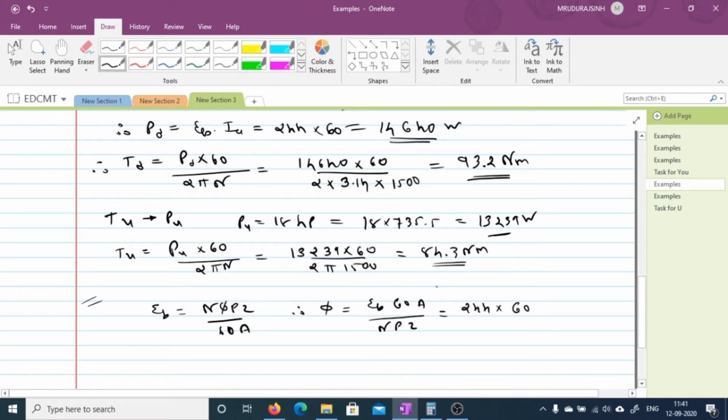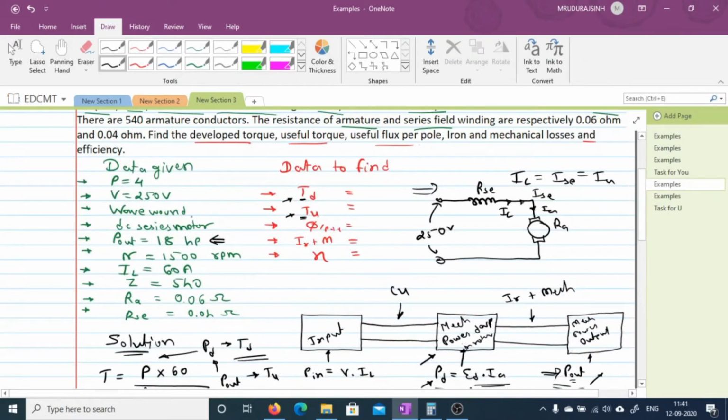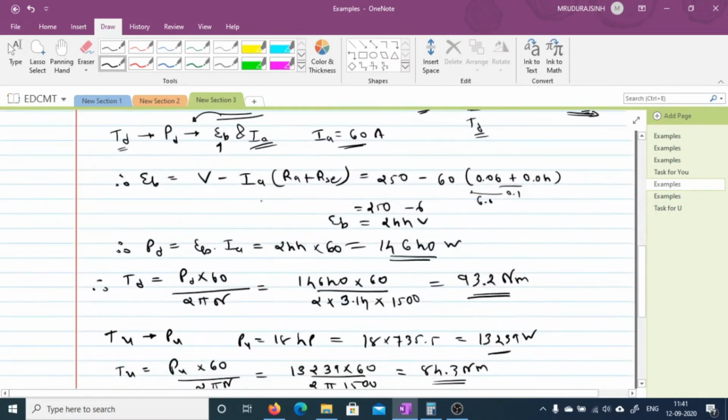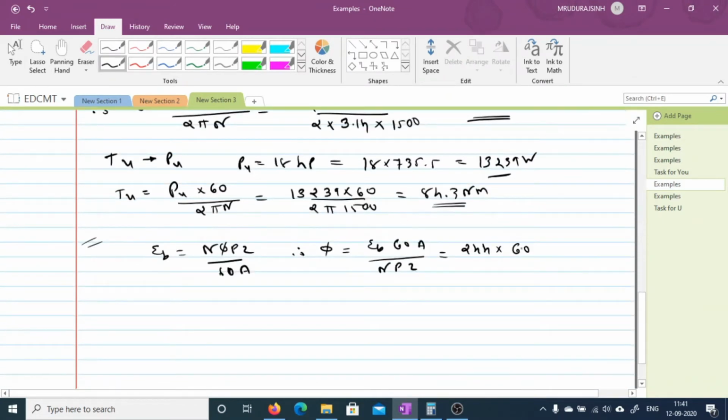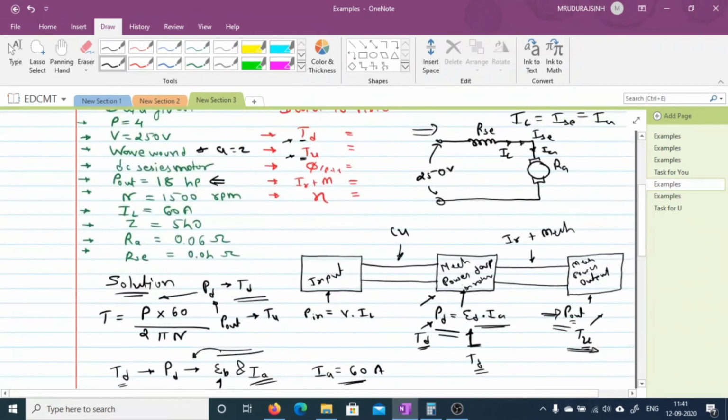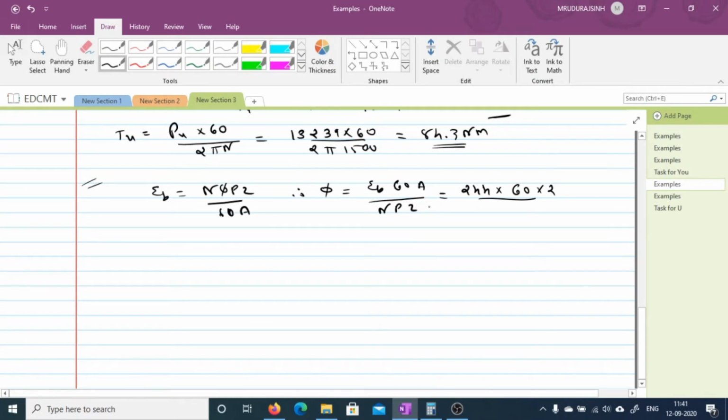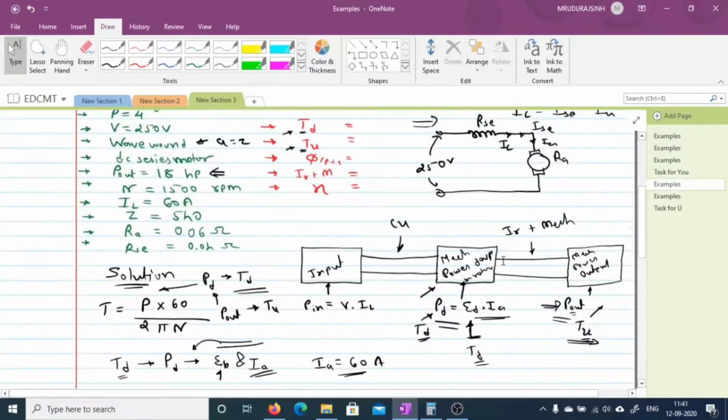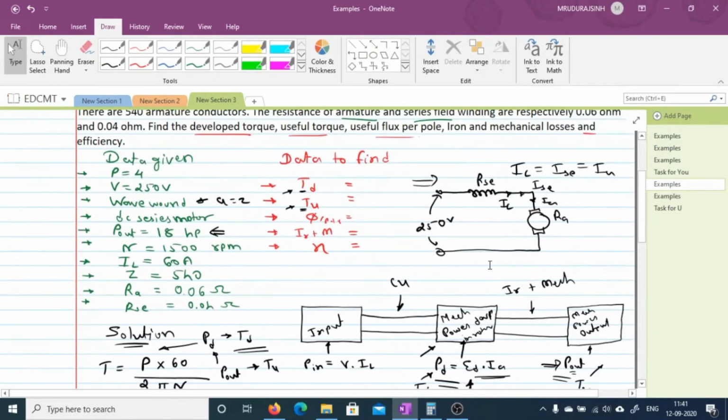A is the number of parallel paths. As this machine is wound rotor, A is equal to 2. N is 1500 RPM. Number of poles is 4, and total number of conductors Z is 540.